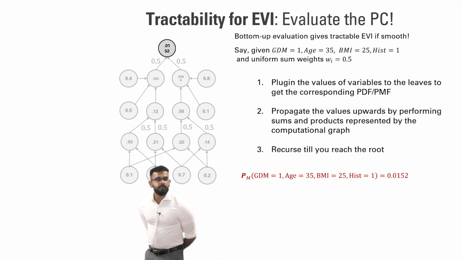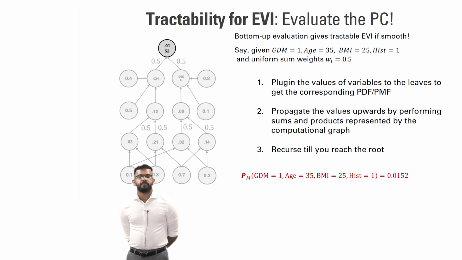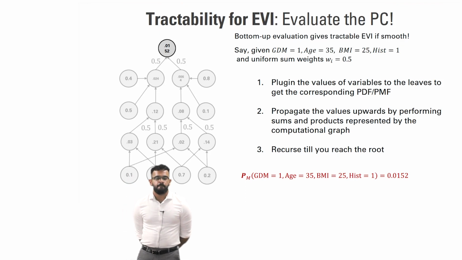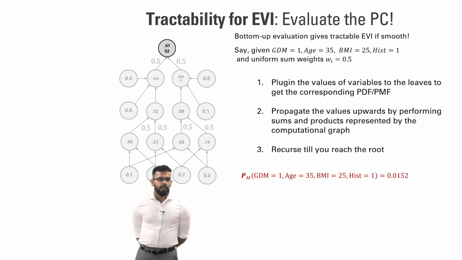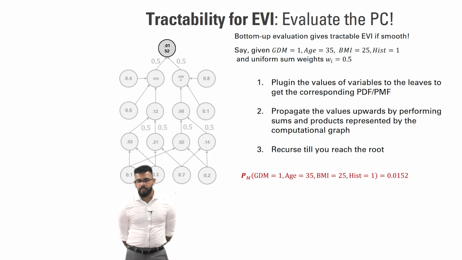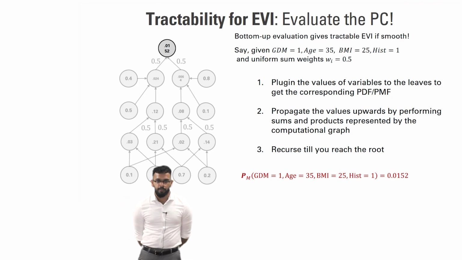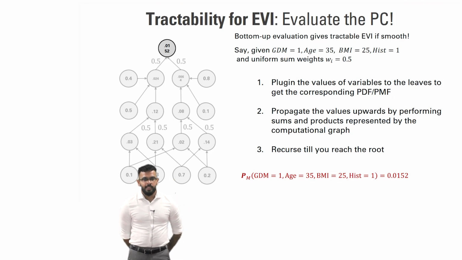I think it's a point which smoothness ensures, to be tractable, right? So if smoothness is not there, like say the nodes which are being summed have different scope, then they can't be summed. It can't move forward. From a computational graph perspective, you just have some values that you're propagating, but those values are not meaningful. That's what you're saying. Exactly.